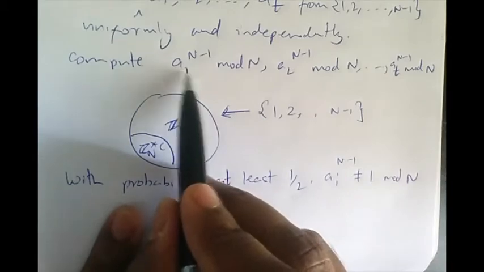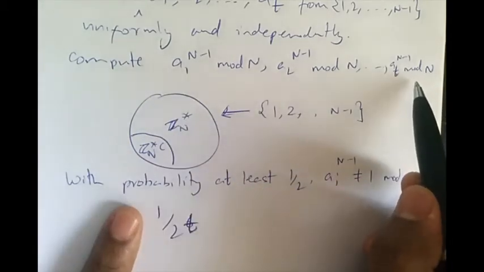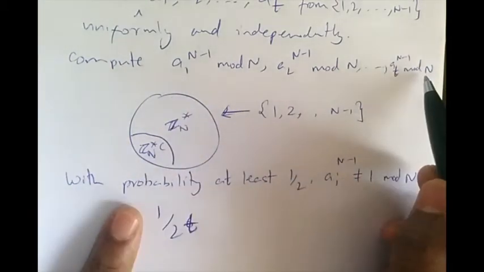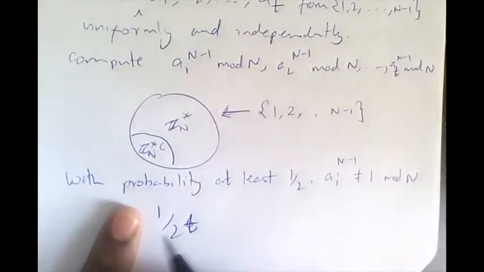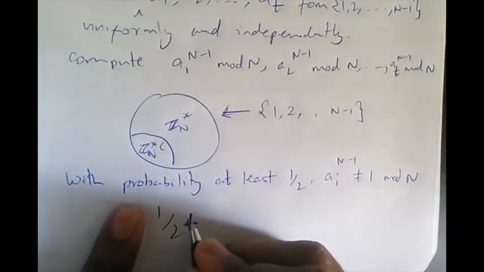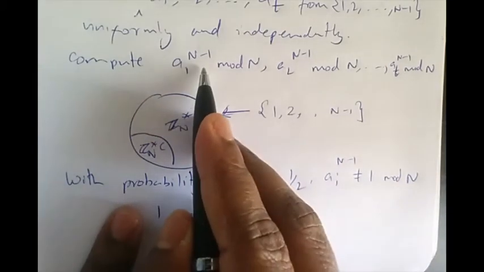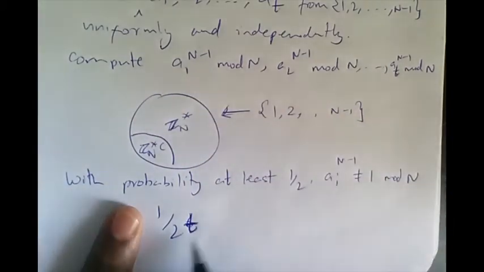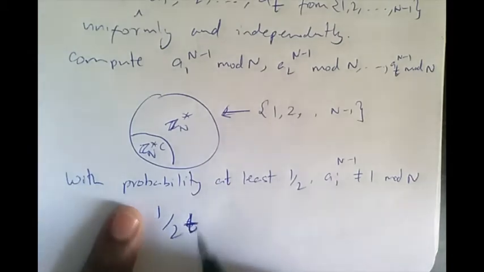Now what is the probability that all of them give you 1? Basically n is composite, but you got 1 for all of these. That is 1 over 2 raised to t, because the probability is at most half that you get 1 in one of the trials, and in t independent trials it will be bounded by 1 over 2 raised to t.